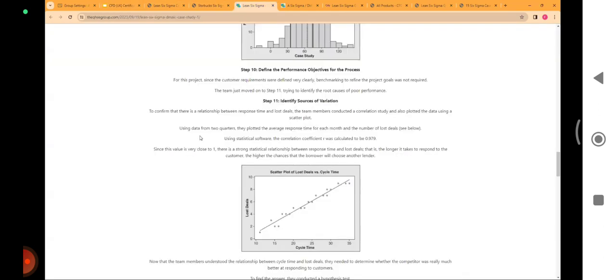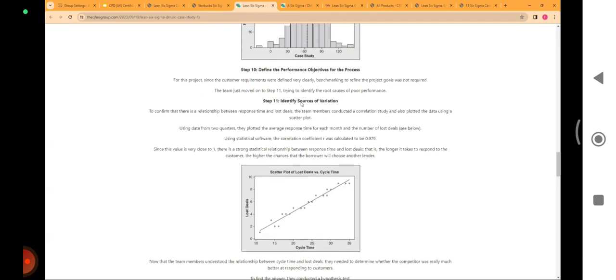They used data from 2 quarters and plotted the average response time for each month against the number of lost deals. Using statistical software, the coefficient R was calculated to be 0.979. So yes, this is very close to 1, and this confirms that indeed your source of variation is true. We are losing deals because of response time.